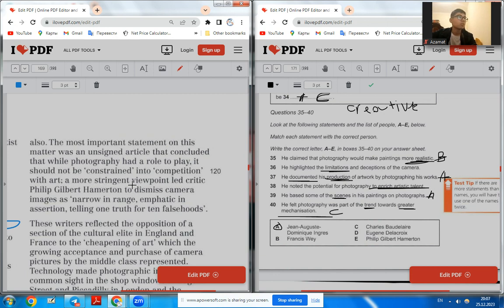A more stringent viewpoint led critic Philip Gilbert Hamerton, here we have him, to dismiss camera images as narrow in range, emphatic in assertion, telling one truth for ten falsehoods. So what this critic said was the limitations, right? So the answer for question number 36 is E.